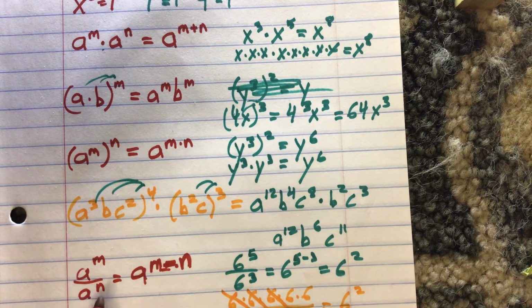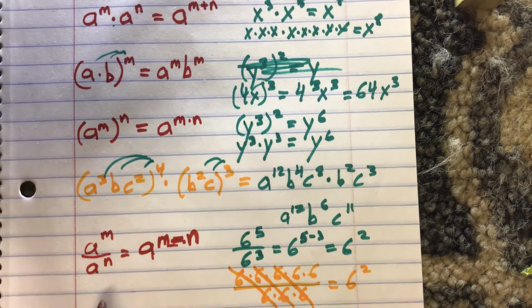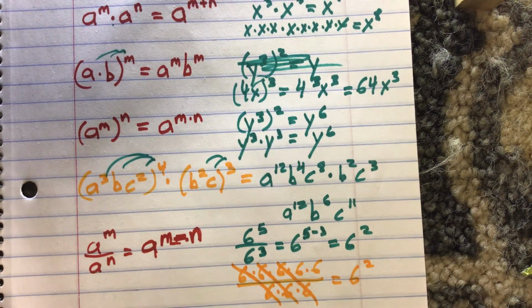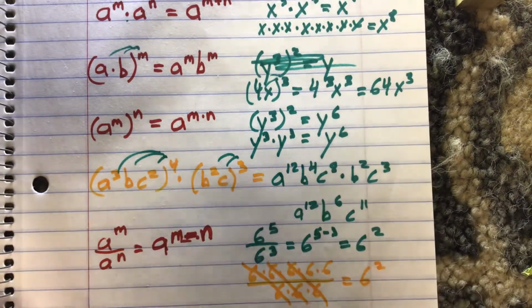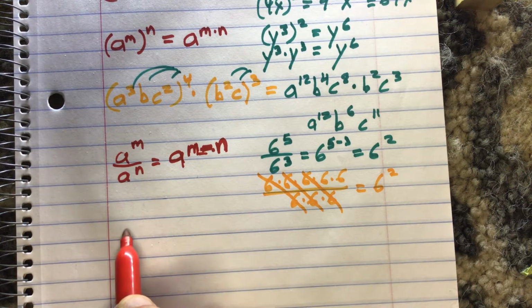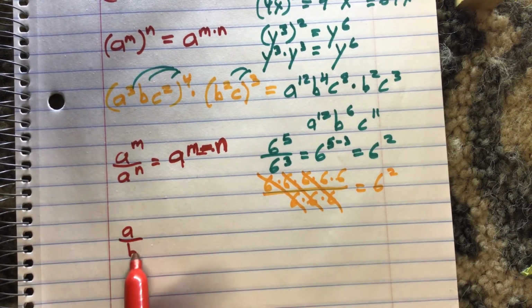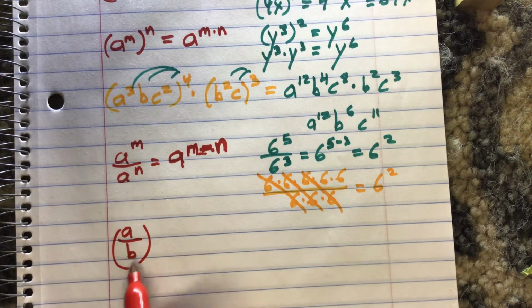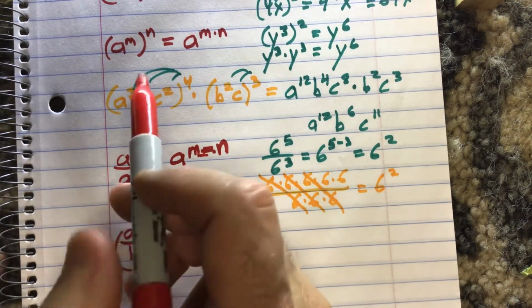Okay, so that's another rule, a to the m divided by a to the n equals a to the m minus n. Next, a divided by b, all raised to the same power.